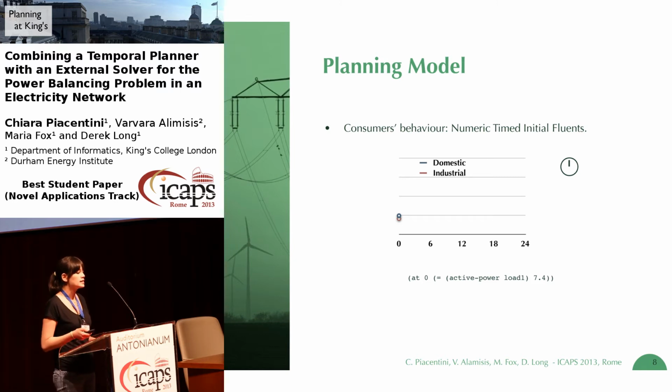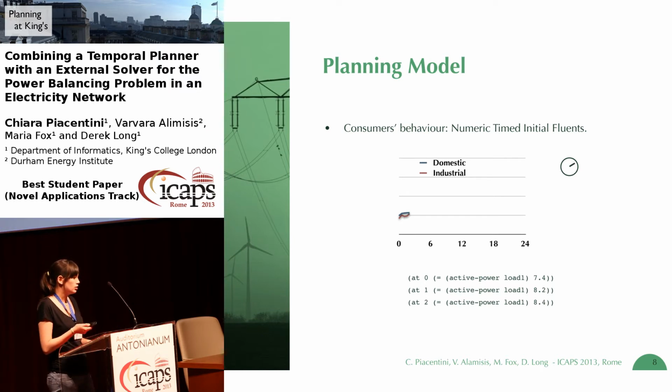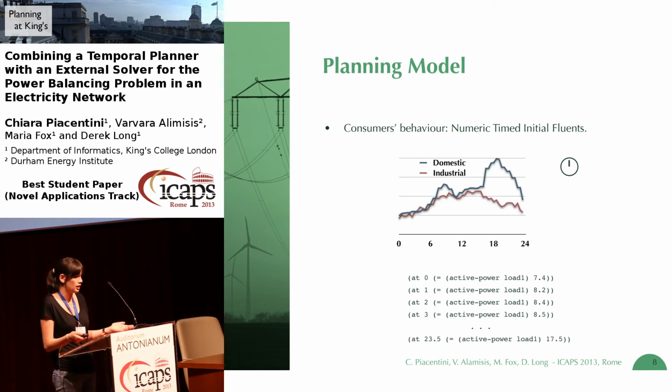So for example, we can say that at time 0, the load 1 consumes 7.44 units of power, while at time 1, the consumption is increased by a given quantity, and so on until we describe a period of time, in this case 1 day.